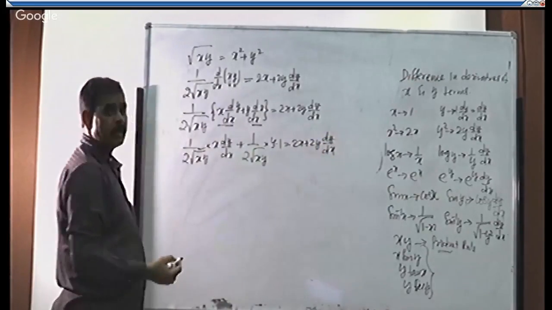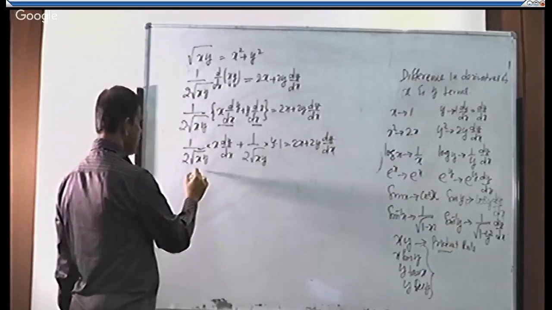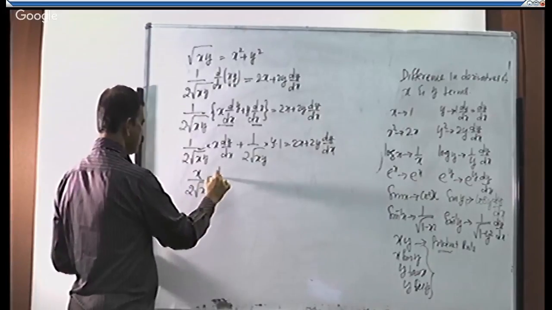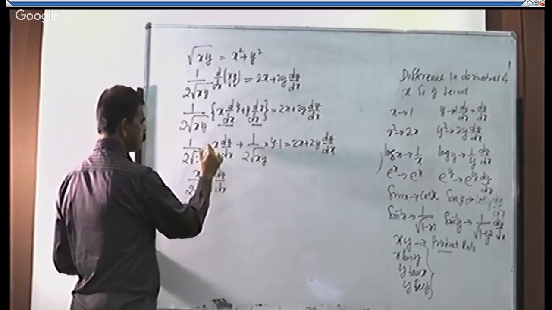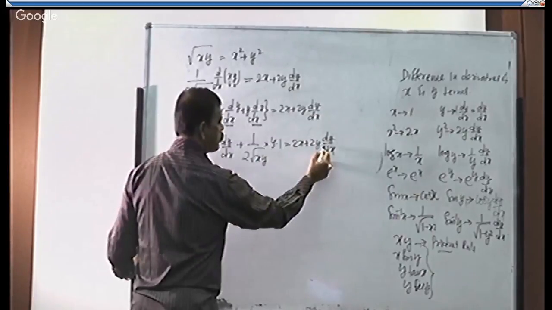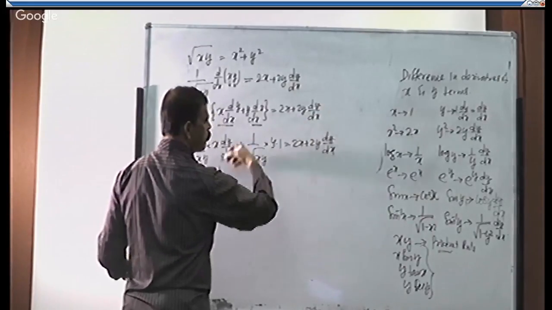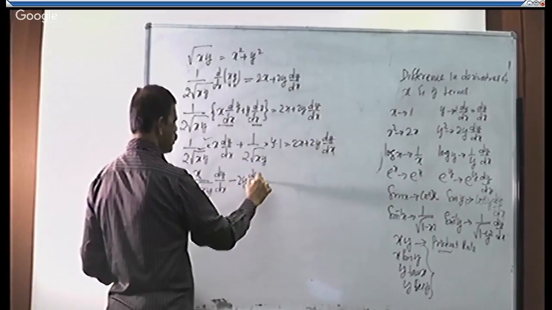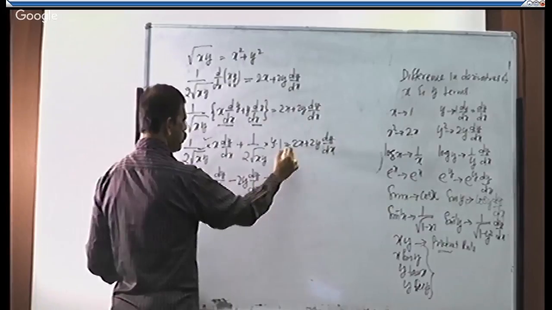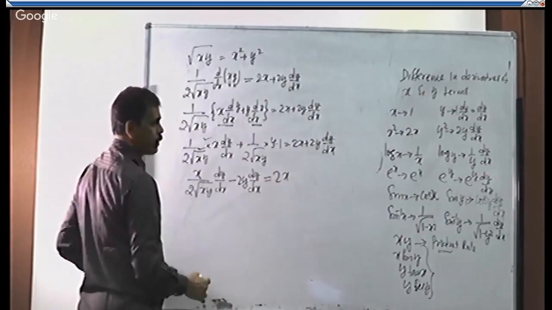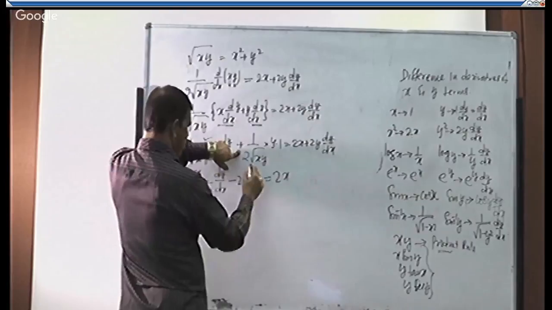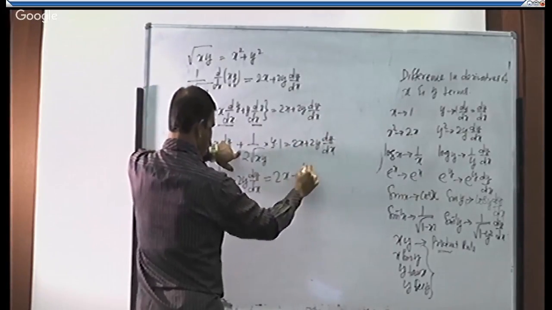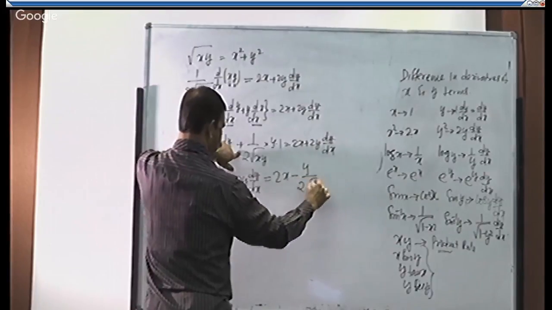Now collect dy by dx terms together, that is x divided by 2 root of xy into dy by dx, correct? Next, this dy by dx term, it has to be taken to what? Left side. It becomes minus 2y into dy by dx is equal to 2x. Here we don't have dy by dx. If it comes to the right side, it becomes what? Minus 1 into 1 y divided by 2 root of xy.